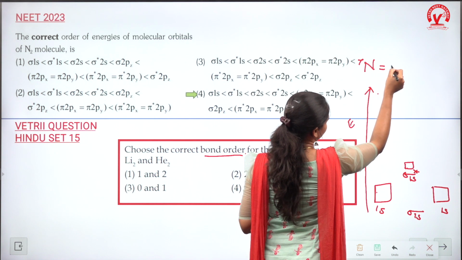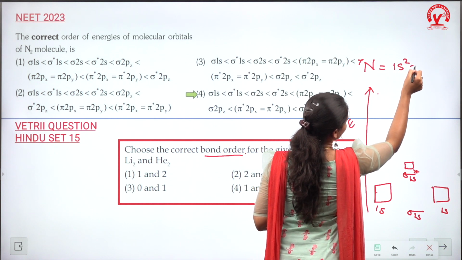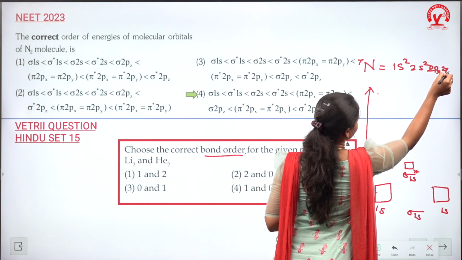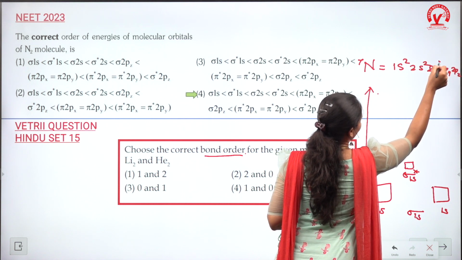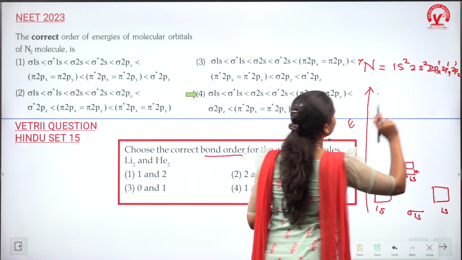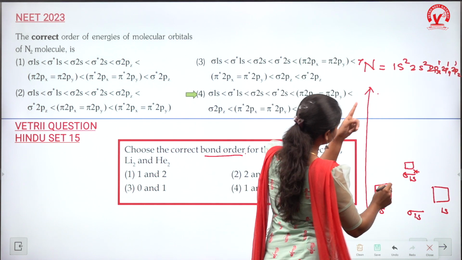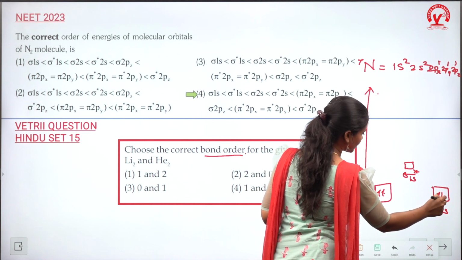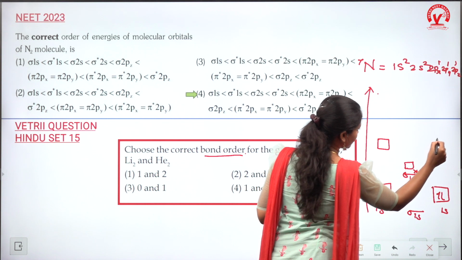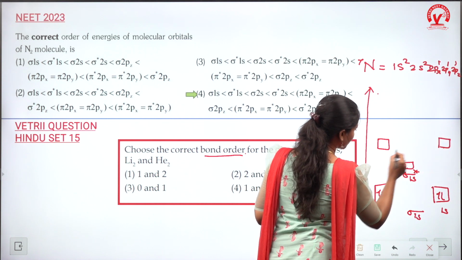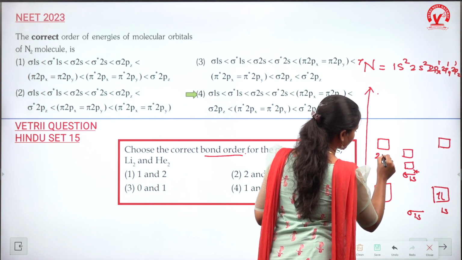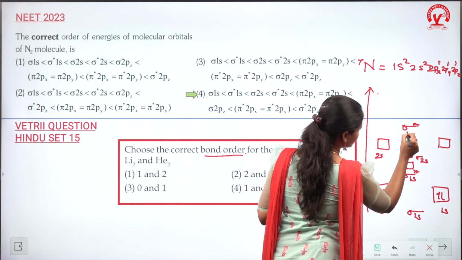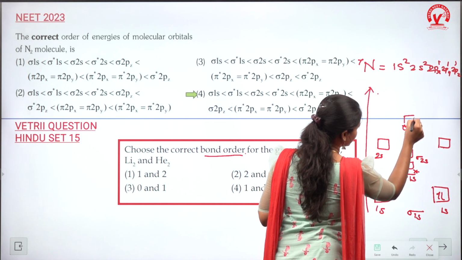Electronic configuration of nitrogen is 1s2, 2s2, 2px, 2py, 2pz, 1, 1, 1. Total 7 electrons. Here 1s has 2 electrons. First we have to fill the 1s orbital, and second we have to draw the 2s orbital. This is sigma 2s, this is sigma star 2s energy level.